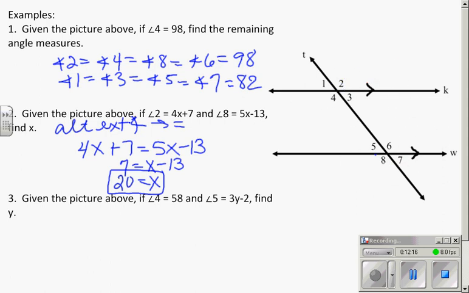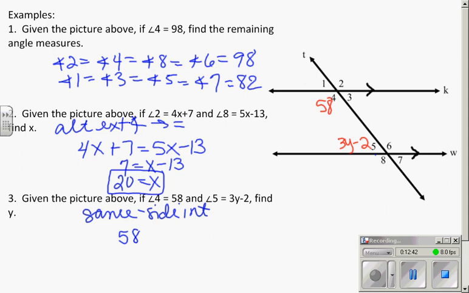In looking at the next example, if 4 is 58 and 5 is 3y minus 2, what kind of angles are 4 and 5? Well, they're on the same side of the transversal and they are on the inside of the parallel lines. And so these are same side interior.